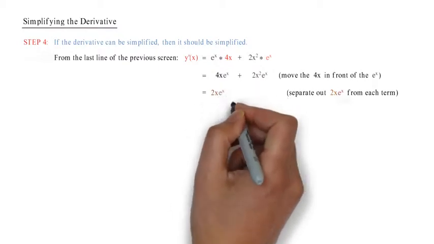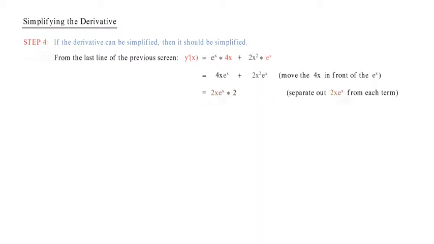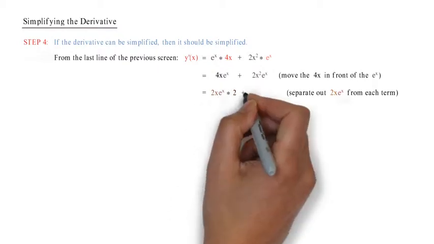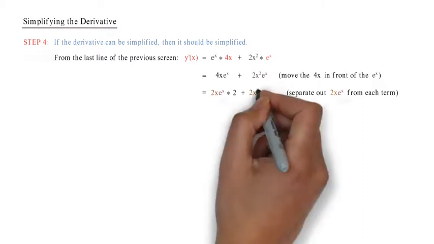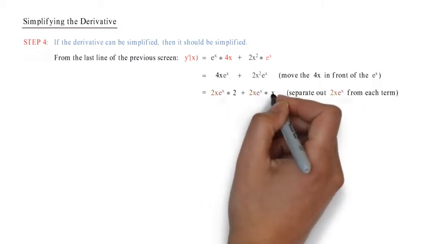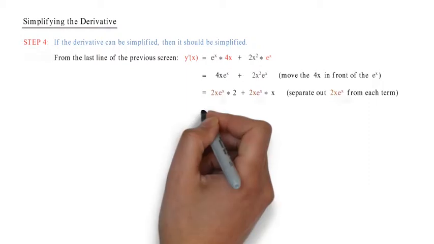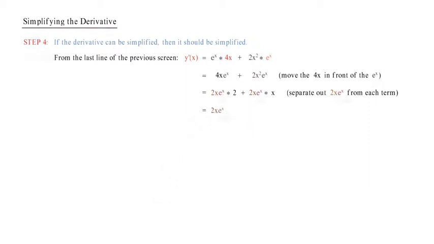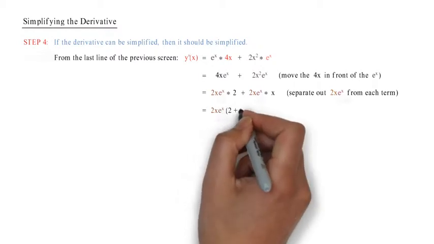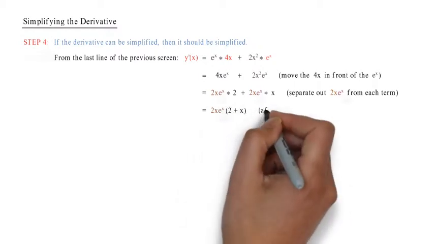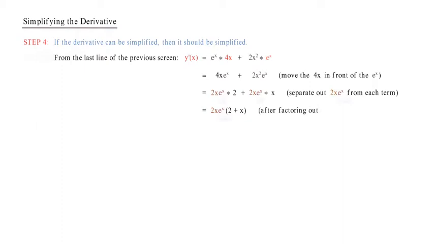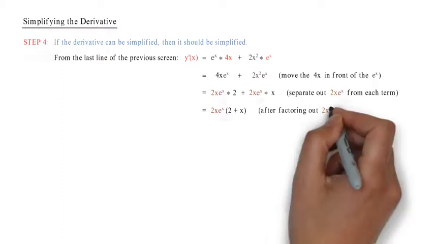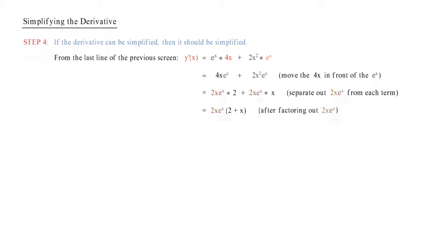2x e to the x times 2 plus 2x e to the x times x equals 2x e to the x into 2 plus x after factoring out 2x e to the x.